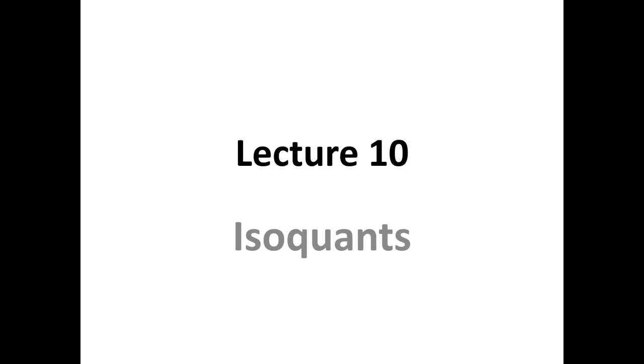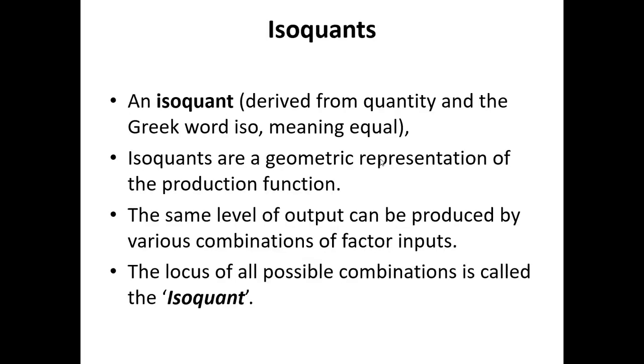So when we're dealing with isoquants, we're dealing with lines that join points that offer the same levels of output when combined optimally.